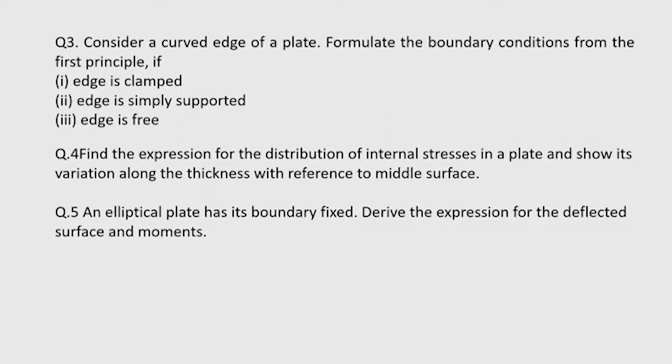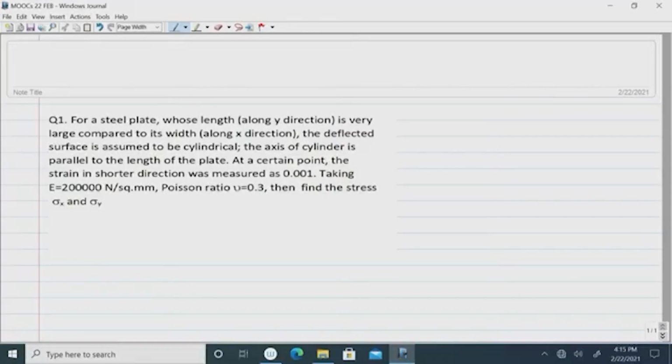An exact solution is possible because the boundary condition is taken as fixed. So, for that condition, let us derive the expression for the deflected surface, and once the deflected surface is found, you can find the expression for moment. Okay. So, let us solve this problem one by one, and if some steps are not completed, you can complete them. Okay.